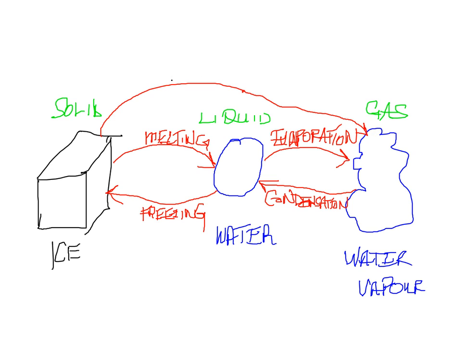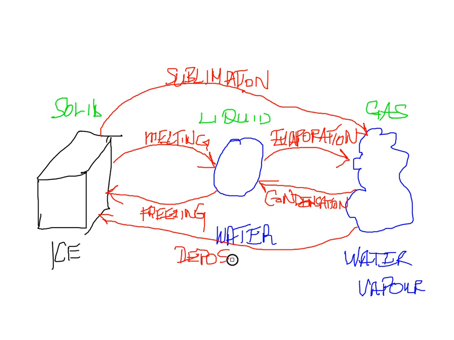The phase change transition that takes us from the solid phase directly to the gas phase, bypassing the liquid phase, is something called sublimation. And as I say, that's probably something that might be a little bit less familiar to you. And of course, we can actually go backwards as well. We can go from the gas phase back to the solid phase, and that's through a phase change process called deposition.